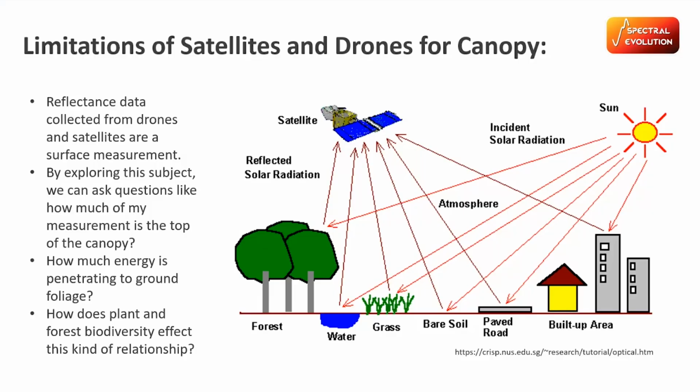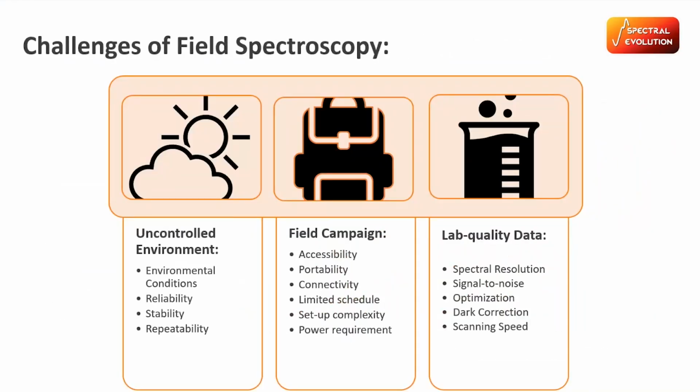So there are limitations to satellite and drone applications. There are also challenges to going out in the field that are very important and that we've incorporated into the design of our instrument. Having an uncontrolled environment is very important. Environmental conditions are rapidly changing.